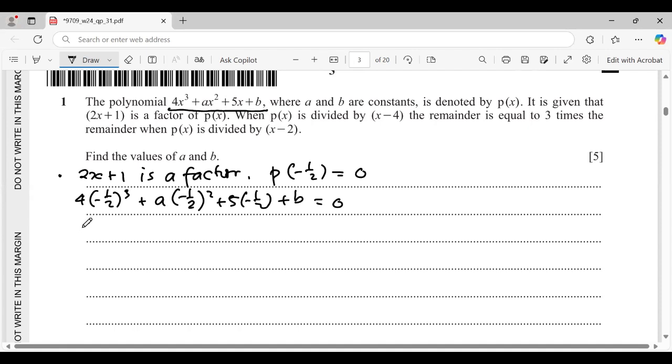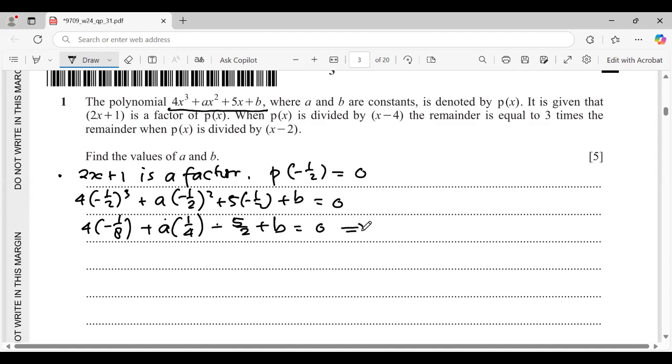So it's going to be 4 times minus 1/8, plus a times 1/4, and then plus minus 5/2 plus b equals 0.